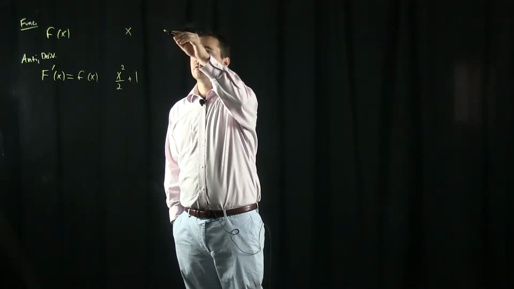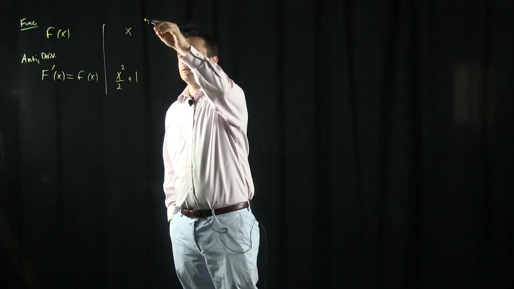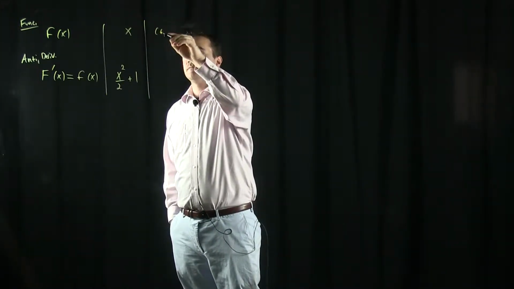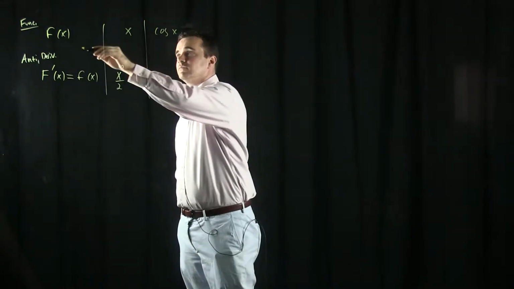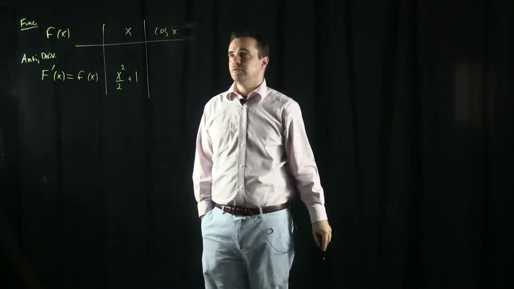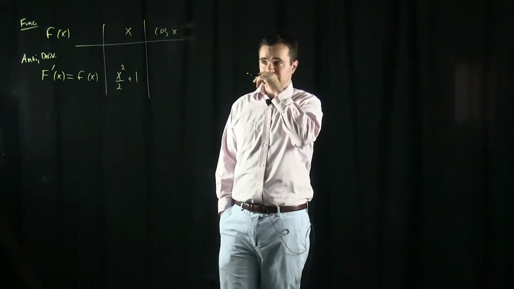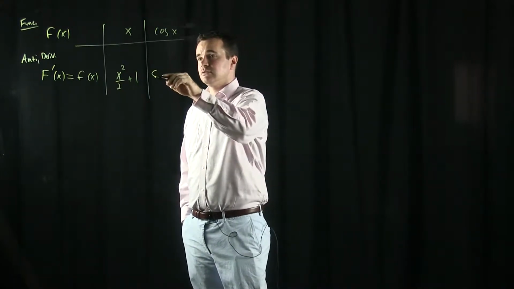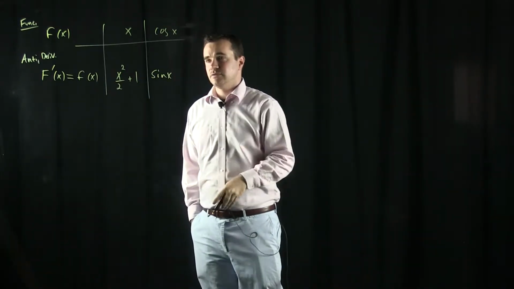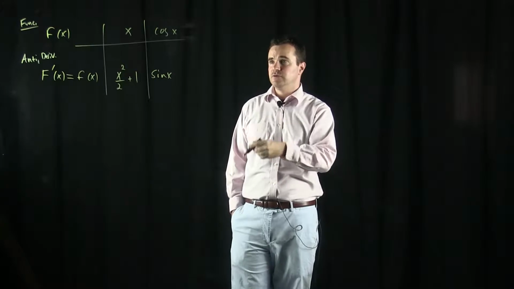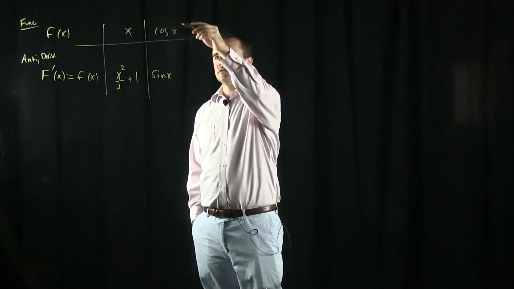Let's take cosine of x. What's an antiderivative? I need a function whose derivative is cosine. That's going to be sine of x, or sine of x plus any constant will give you cosine of x as a derivative.